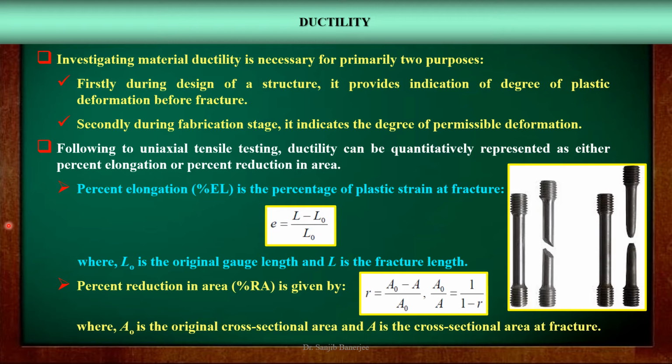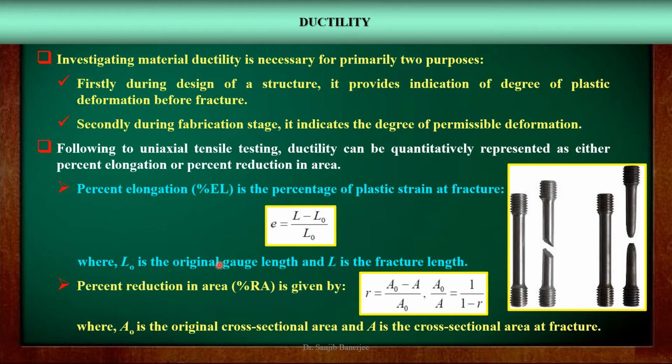Now, following the uniaxial tensile test, ductility can be represented as either percent elongation or percent reduction in area. Firstly, the percent elongation is the percentage of plastic strain at fracture.